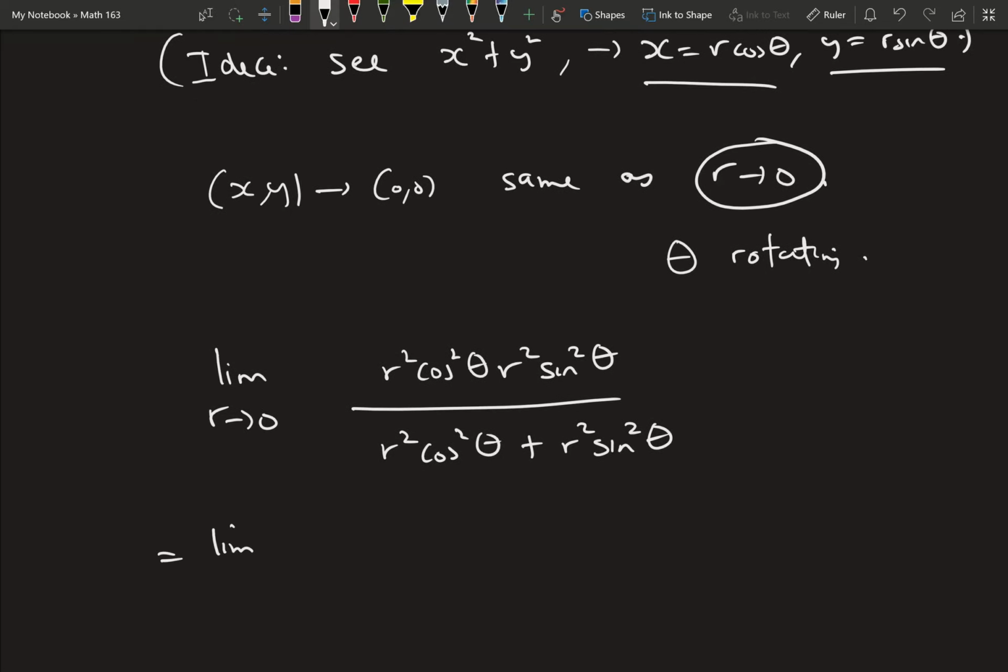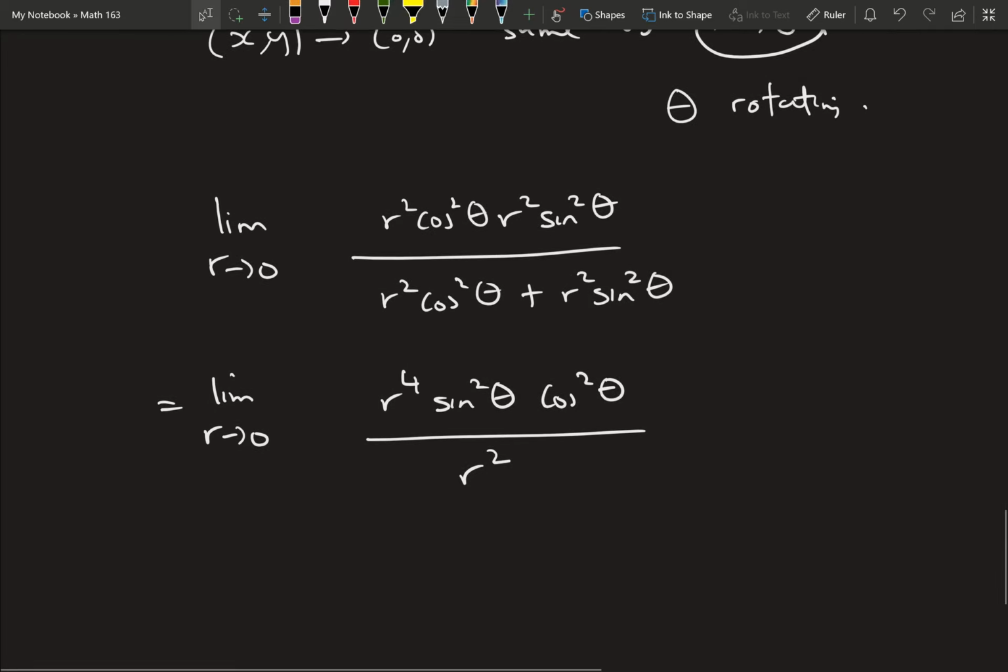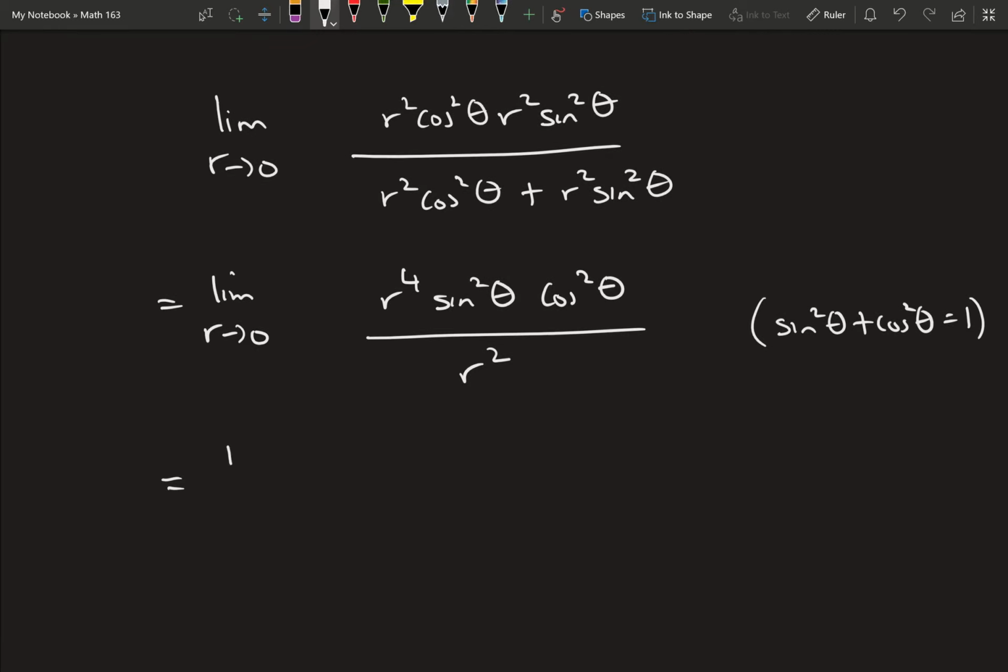So this is the limit as r goes to 0 of r to the 4th sine squared cosine squared divided by, you can factor out the r squared and you get cosine squared plus sine squared, and hence the denominator is just r squared. Remember, sine squared plus cosine squared is 1. And then you can cancel a couple of these r squared. So we get the limit as r goes to 0 of r squared sine squared theta cosine squared theta.